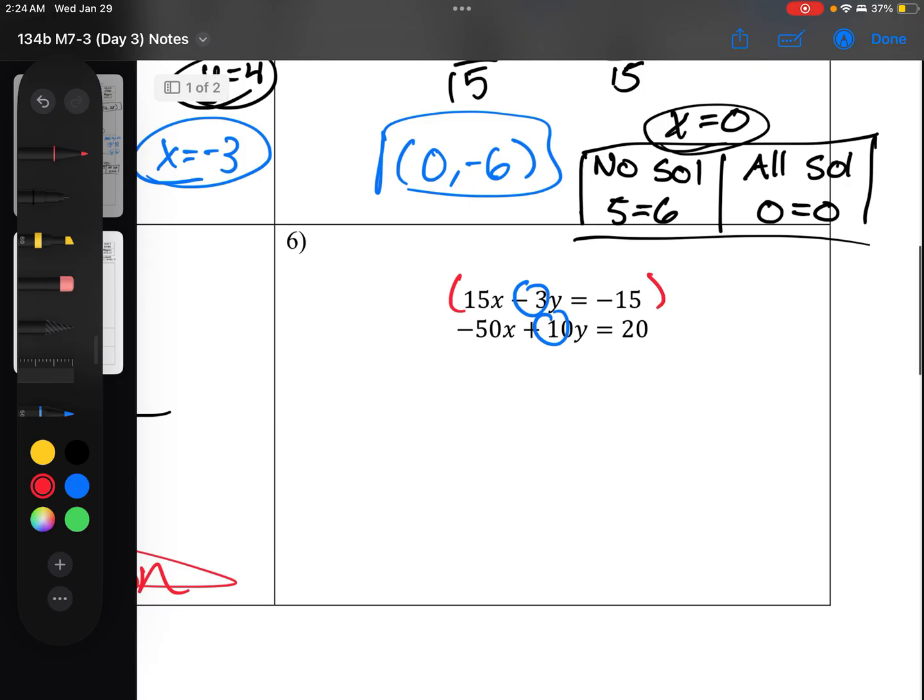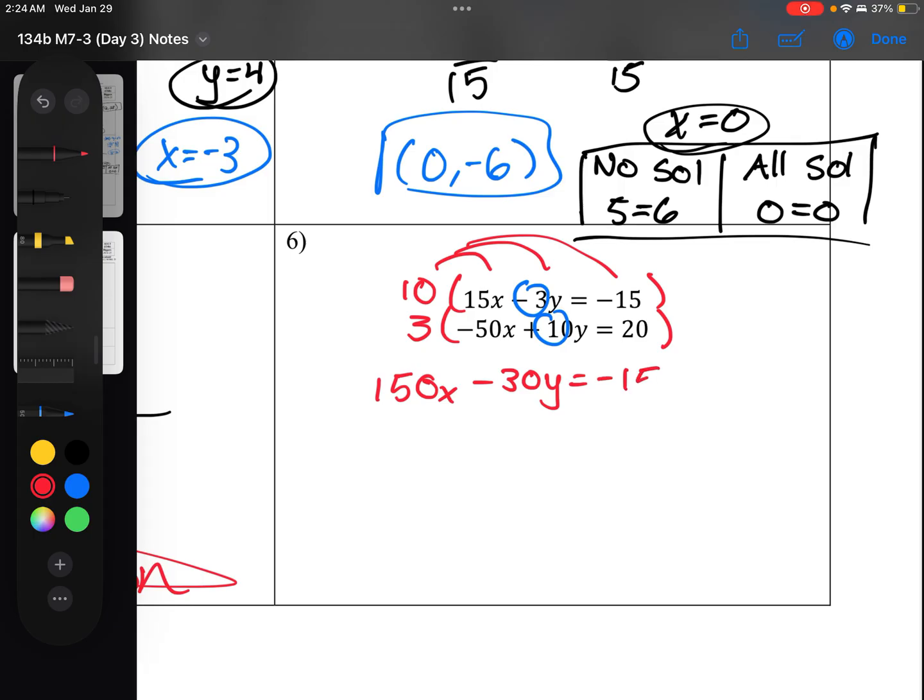So I'm going to multiply the top one, and they're already opposites, you can see. So I'm going to multiply the top one by 10, and I'm going to multiply the bottom one by 3. So we're going to change both of them. This is the top one. And this is going to be the bottom one.